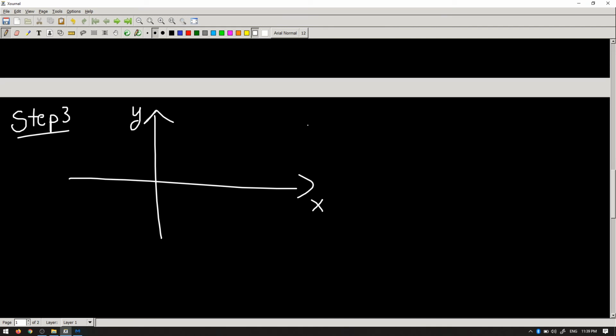So if I plot those, I get negative 2, 4, 2, 4, negative 1, 1, 1, 1, and I've got the point in the middle. If you notice, look at the shape.